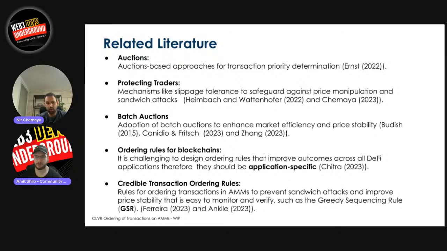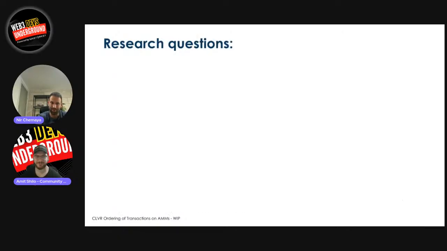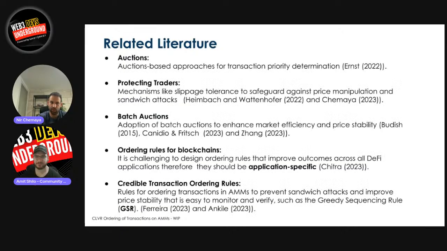We will show our ordering rule, CLVR, which we think is slightly better than the GSR, but the GSR was the first such rule, and it's also a very good one. So that's the background, because now we can start introducing the paper. Any questions before we move to the CLVR idea?